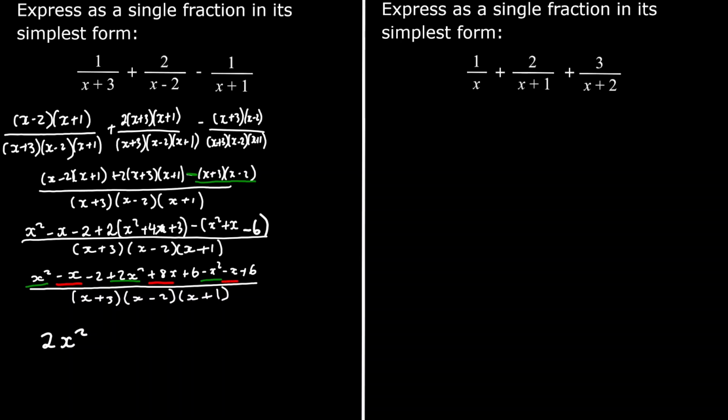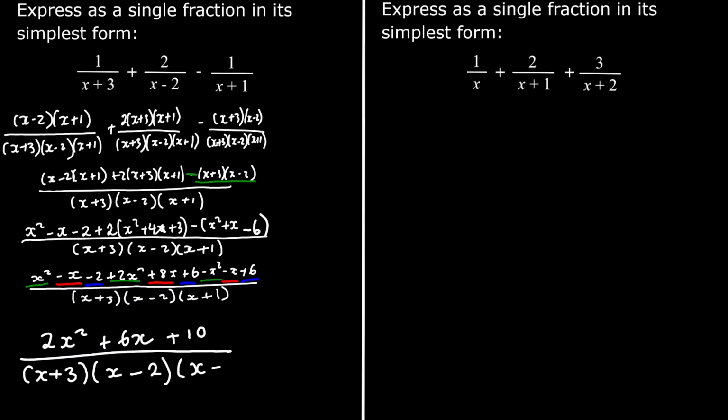So that would be 6x's. And negative 2 plus 6 plus 6, which is 10. So we've got 2x squared plus 6x plus 10 over x plus 3 times x minus 2 times x plus 1.